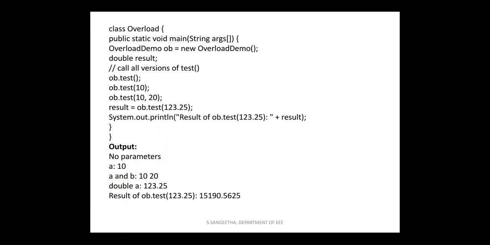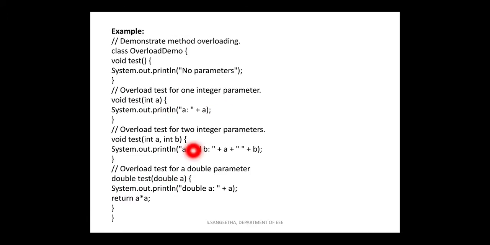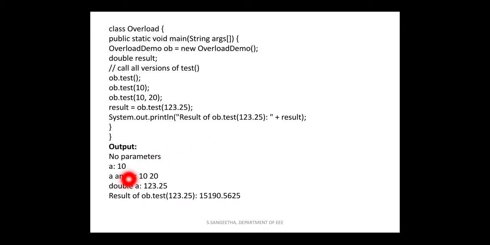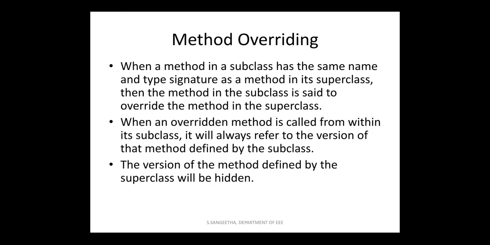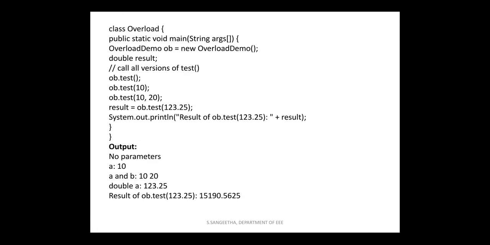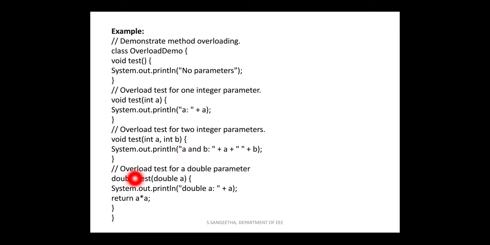Next, double a will be the value 123.25. Next, System.out.println the result of ob.test, the result will be displayed. The result of 123.25 means returning a into a.